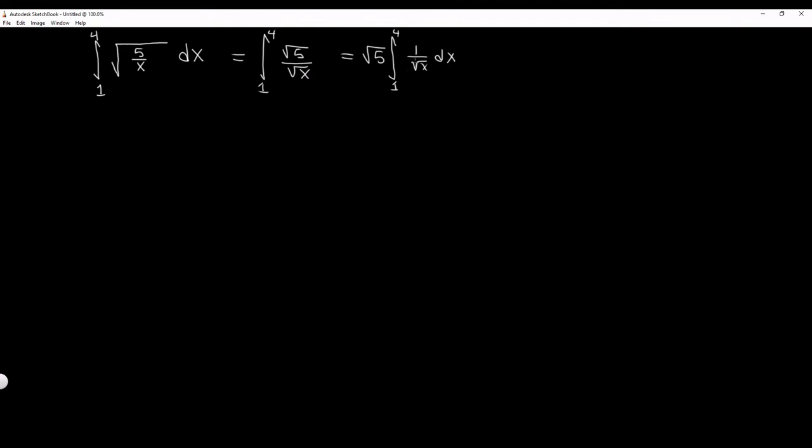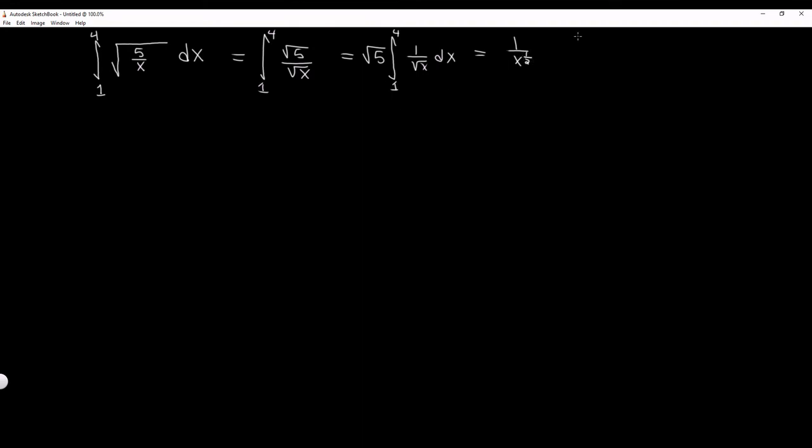Then we need to rewrite this again. The square root of x is just equal to x to the 1/2 power, so we have 1 divided by x to the 1/2 power. But in order to take the antiderivative of this, we need to move the x to the 1/2 power to the numerator. The way we do that is by switching the sign. Currently it has an implied positive out in front of it, so we switch it to a negative.